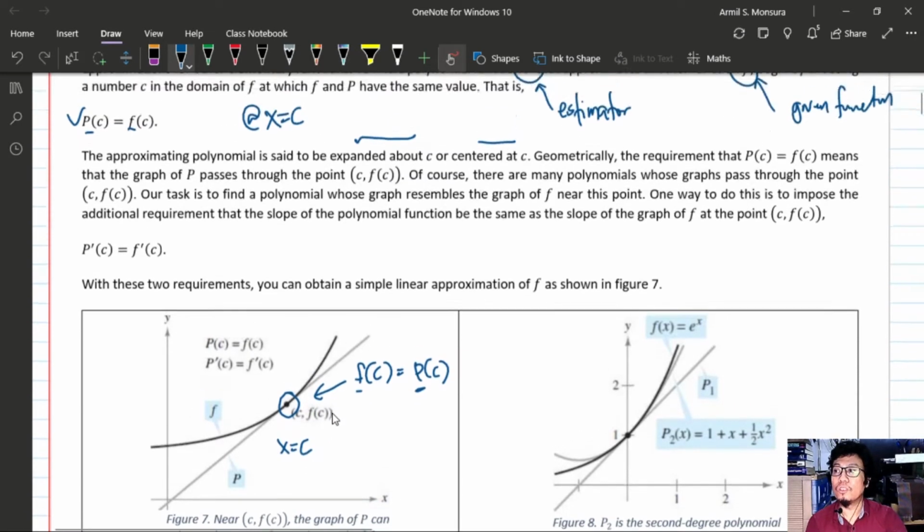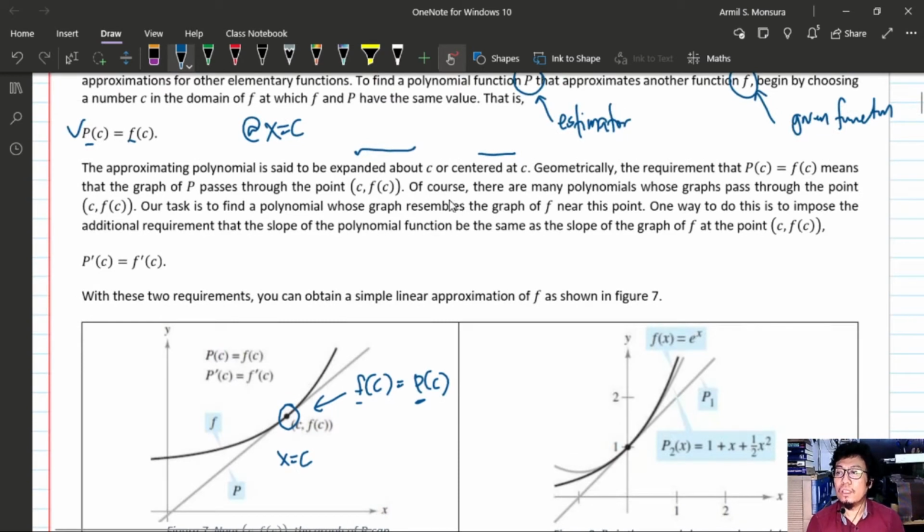The thing is that there are many polynomials whose graphs pass through the point C, F of C. So aside from this polynomial, there are many other polynomials. Say for example, this one is another polynomial that passes through that same point, but is shaped differently from your P. So there are infinitely many approximating polynomials if this is the only condition that we would impose.